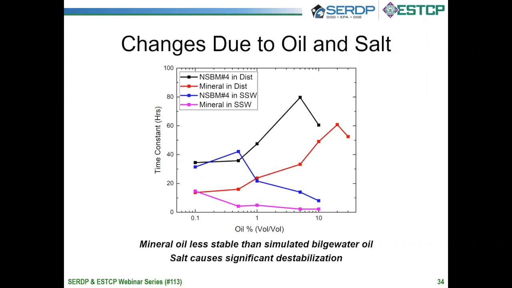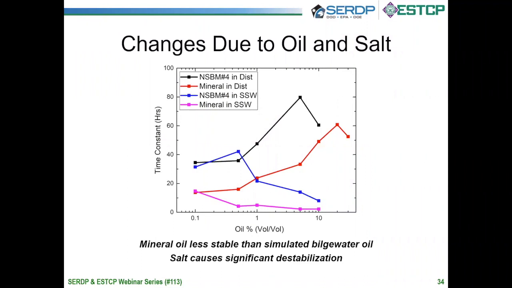So I'm just showing a representative example of how these time constants change with composition. You're looking at the naval simulated bilge mix number 4 and distilled water, as well as the model oil, mineral oil. And then we took those same systems and looked at a synthetic seawater, so something with higher salinity.